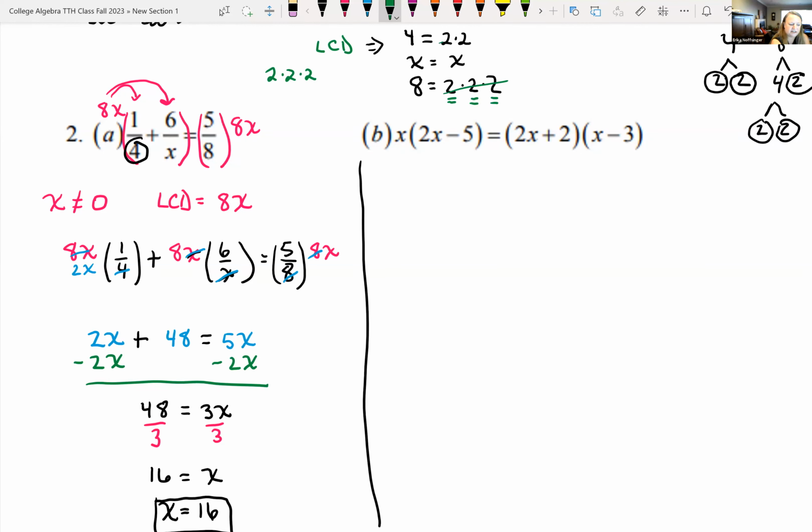So let's just cross out the 2s. We already got that. The only thing that's left is an x. The most number of times x occurs in any of those denominators is just 1. So I need 1 x. So if we multiply 2 times 2, that's 4. 4 times 2 is 8. And so this gives us 8x as our least common denominator.